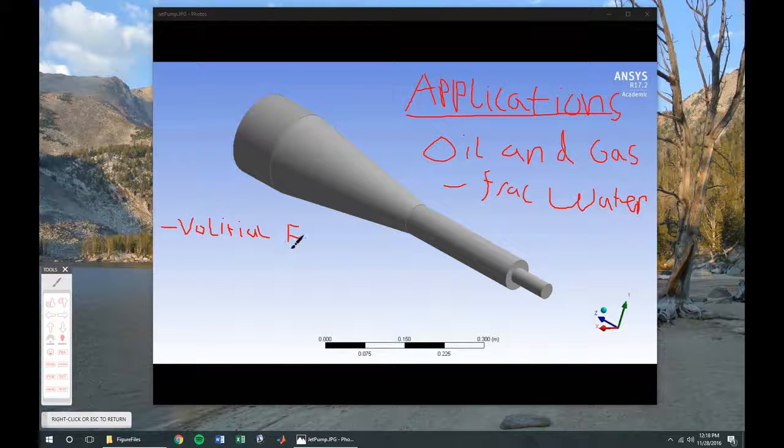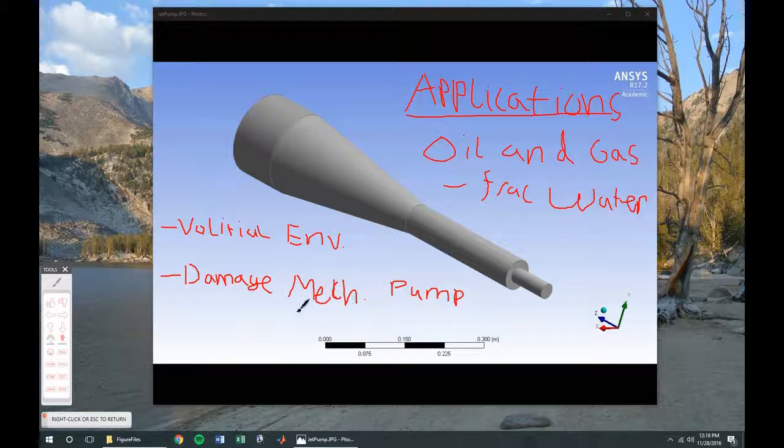They can also be used when the fluid that they're pumping could damage a mechanical pump. The principle that they work on is really fascinating to me, using the Venturi effect.